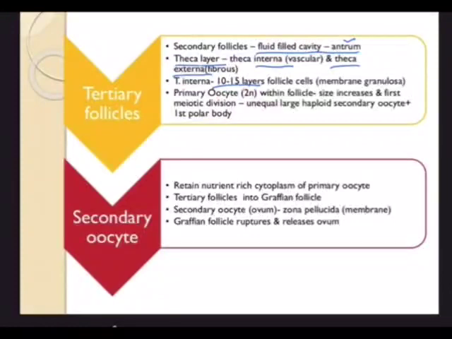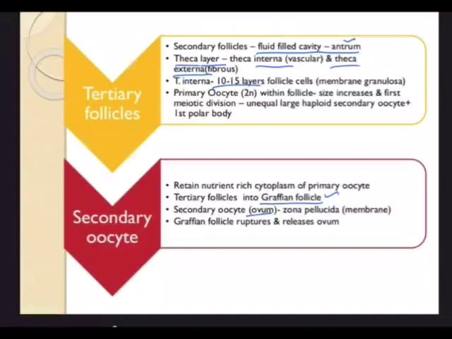The secondary oocyte retains a rich cytoplasm, and tertiary follicles develop further into what are called Graafian follicles. These Graafian follicles are very large in size, and the primary oocyte forms the secondary oocyte, the ovum, and we will learn about that in the next session, the structure of the ovum.